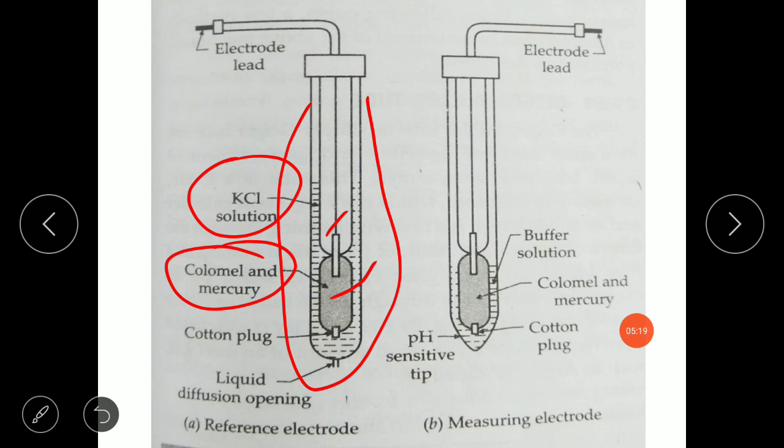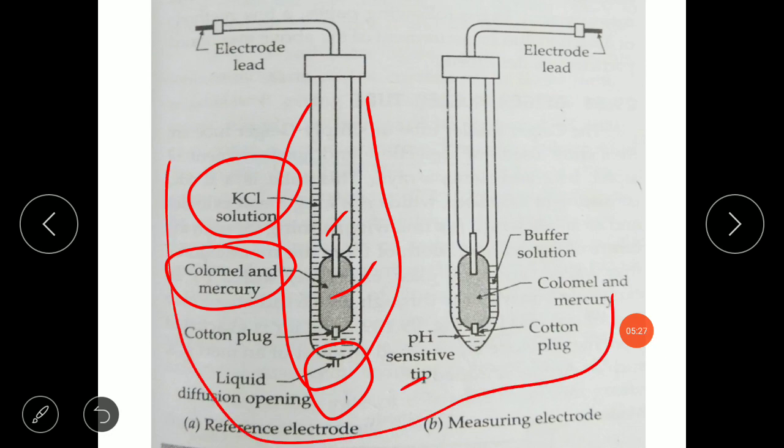There is a tiny opening at the bottom of the electrode which permits the potassium chloride to diffuse very slowly into the solution under test. In this way an electric contact is maintained between the solution under test and the calomel solution of the reference electrode.